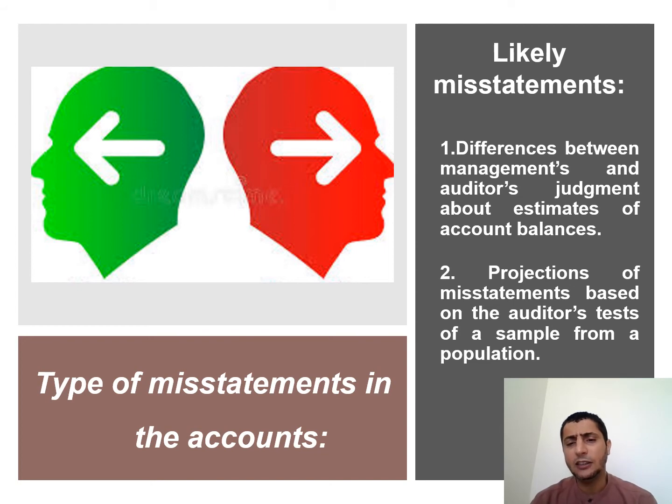The second type of likely misstatement is the projection of the misstatement, based on the auditor's test of a sample from the population. So whether this sample test is acceptable to be projected to the whole population of the transactions of the company.